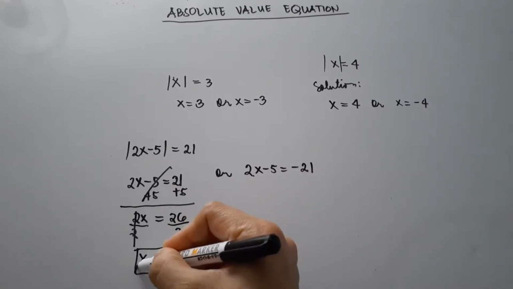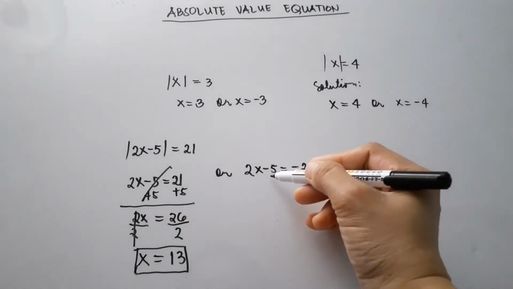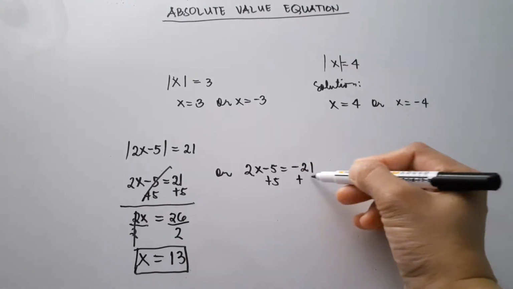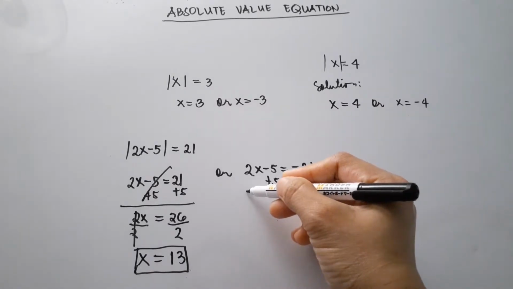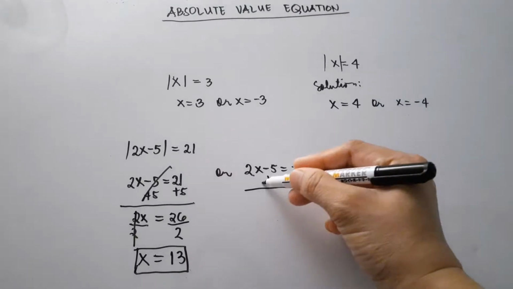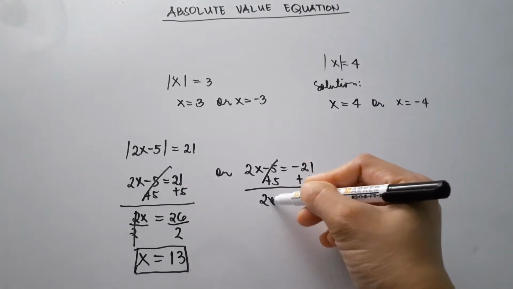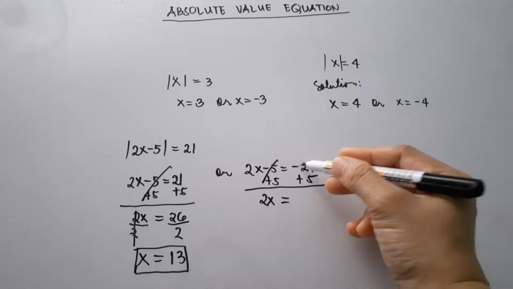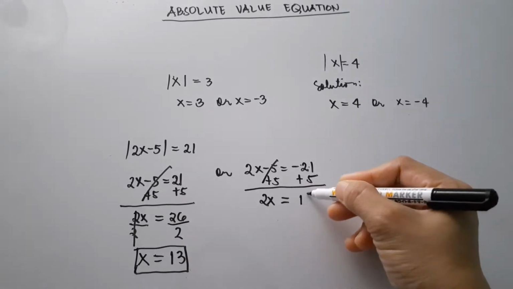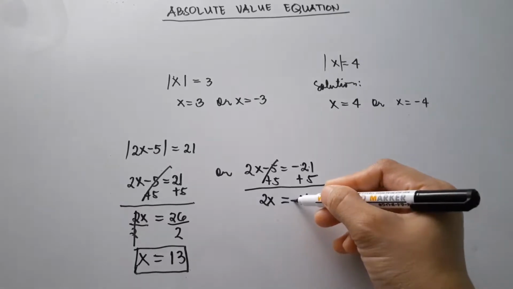And in the other equation, we have to add 5 to each side. We cancel this one, we have 2x, and then -21 plus 5 is equal to -16.